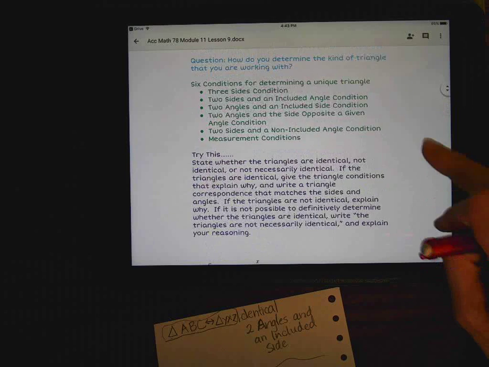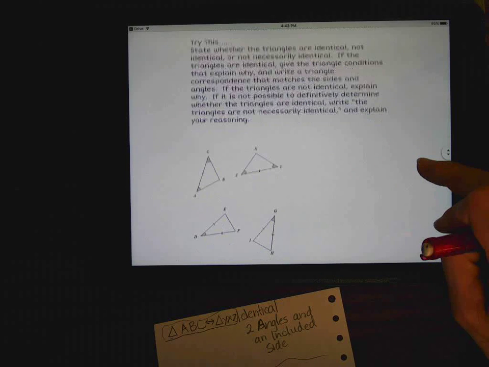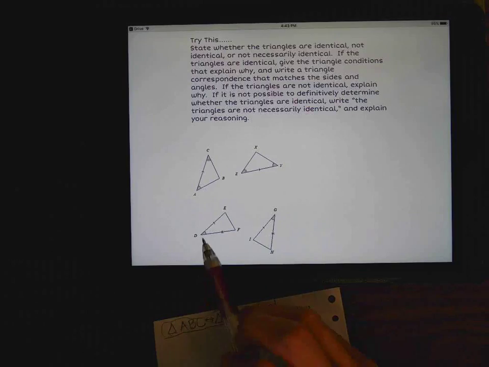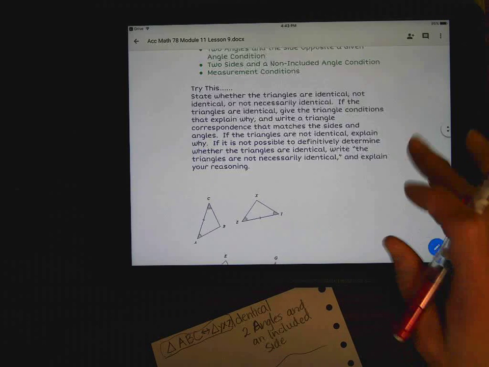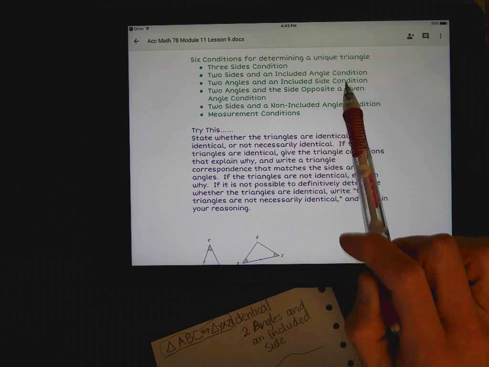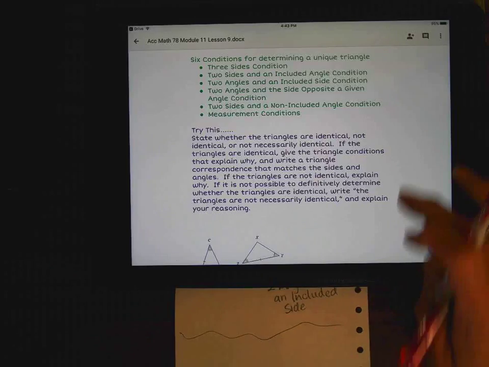So if we go back up to our conditions, it says two sides, and is the angle included? Yes, it is, because there's the common vertex that they share, and the angle sits between the two given sides. So we found the condition. So the condition would be two sides and an included angle.